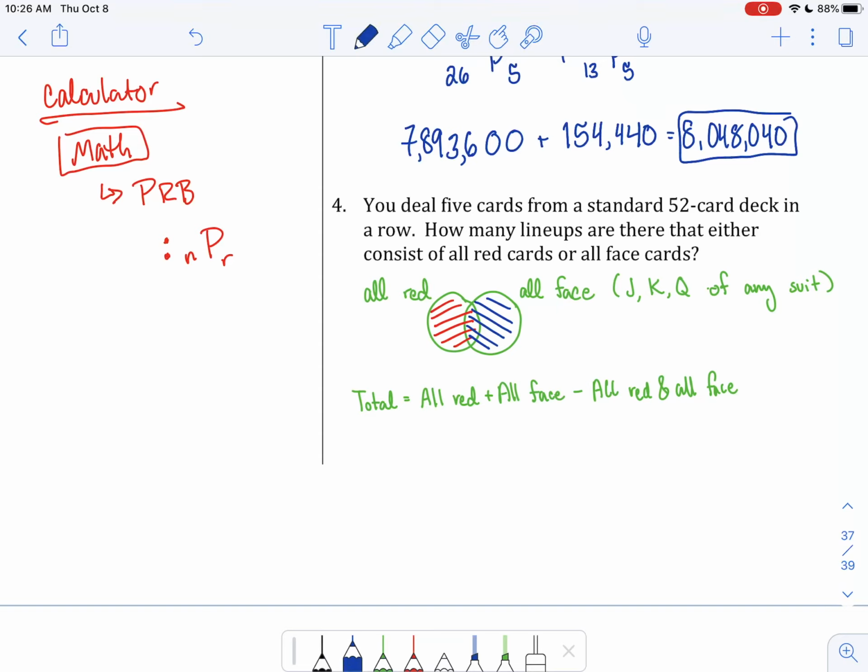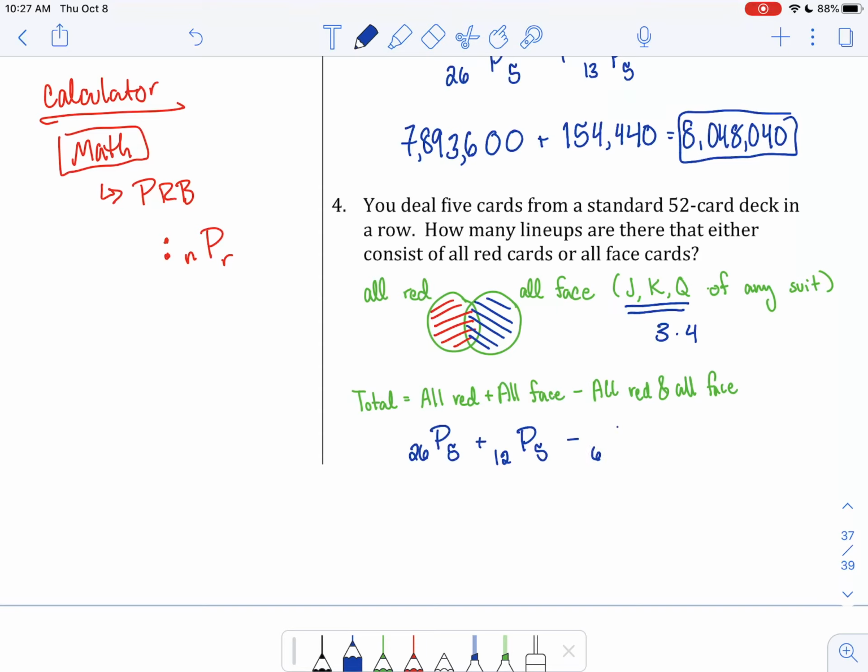So all red we've done before. This is 26 arrange 5. All face, there's 3 face cards for every suit, so this would be 3 times 4 for every suit. So 12 arrange 5 minus red and face. Well, there's the jack, the queen, the king of hearts, and the jack, the queen, the king of diamonds.